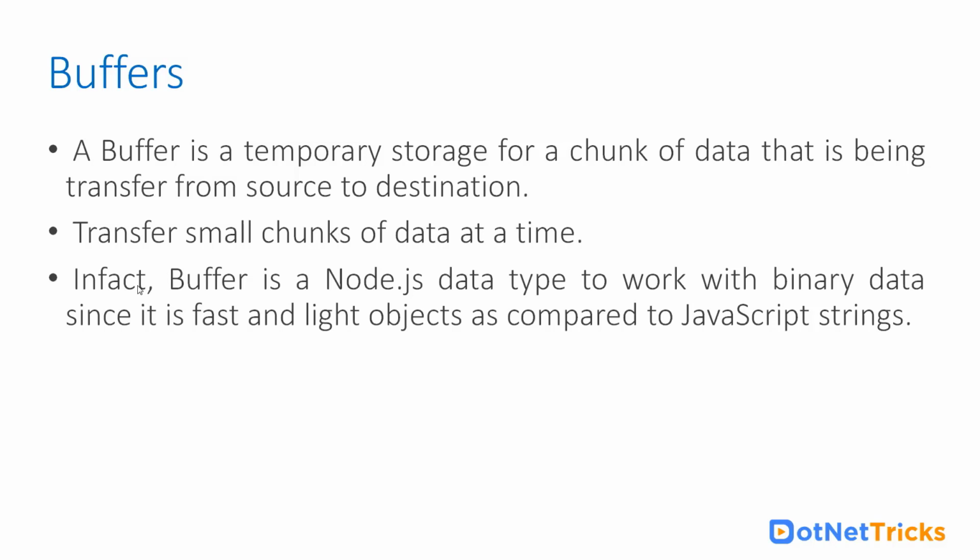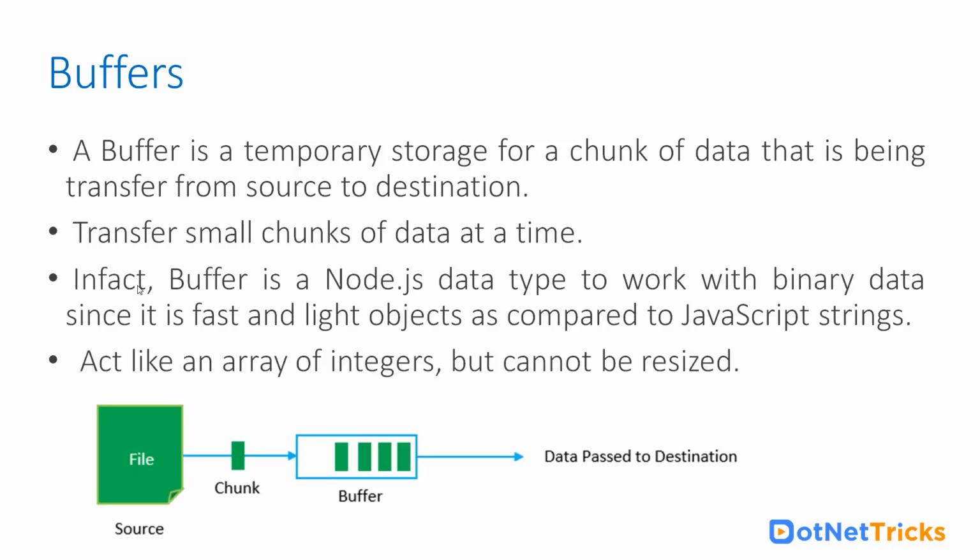If you are using FS, the file system module available with Node.js, it returns a buffer, which you save in a buffer, and then you can read that particular file. Buffer acts like an array of integers, but it cannot be resized. So if I have defined a buffer with storage of 10 records, I cannot modify it later on.